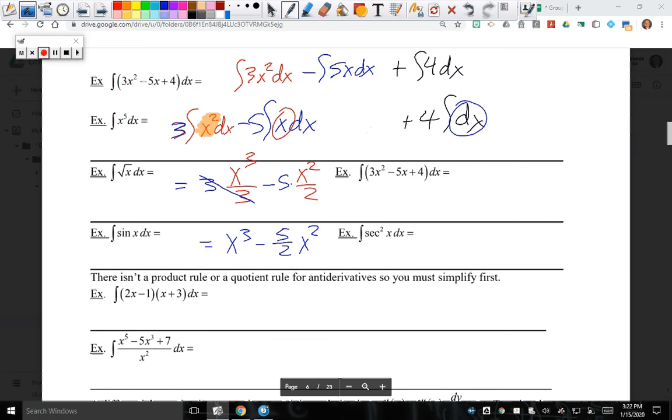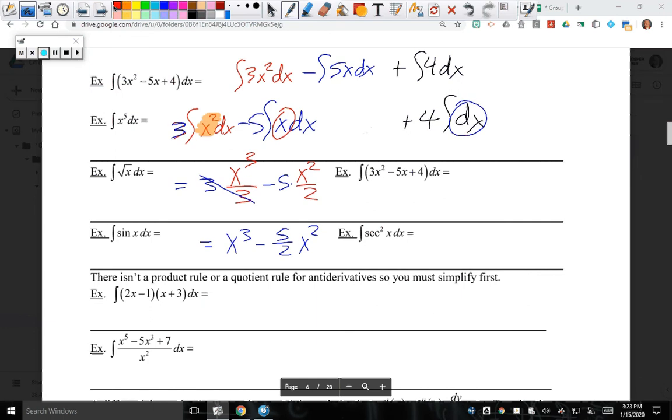X. Remember, t was dt, y was dy, z was dz. What am I saying right there? What's the term for those things? The differentials. The small little differentials that exist per the variables that they have.